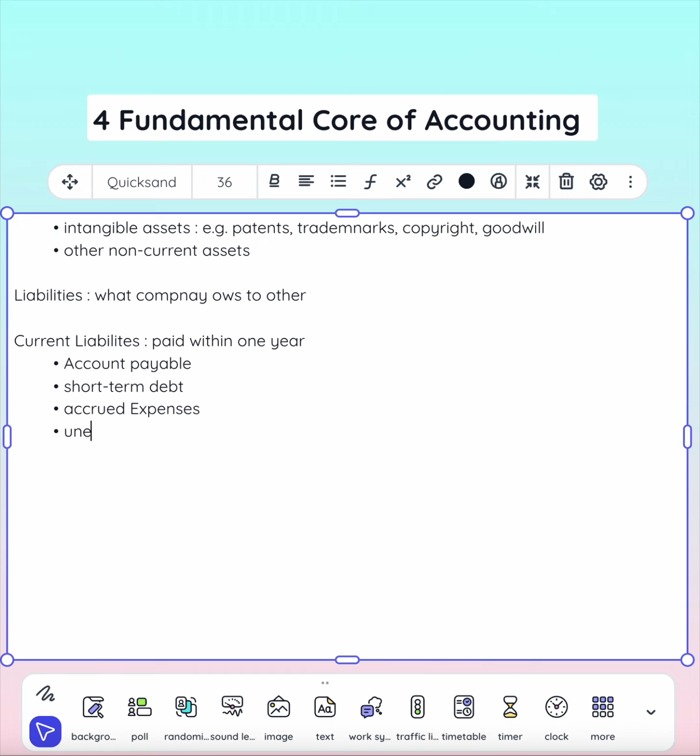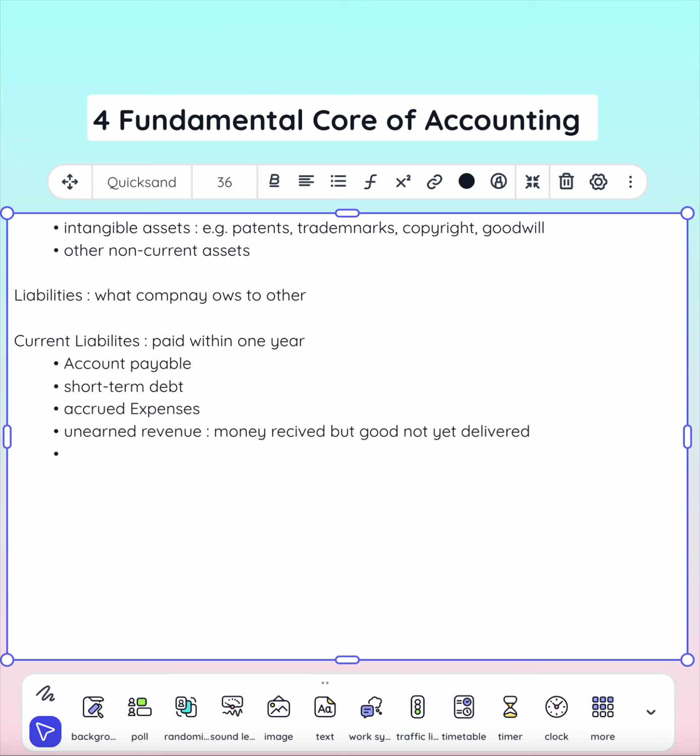Unearned revenue is money received from customers for goods or services not yet delivered.